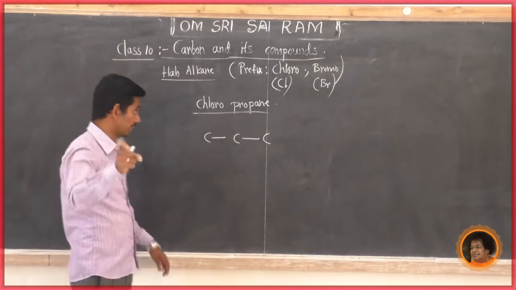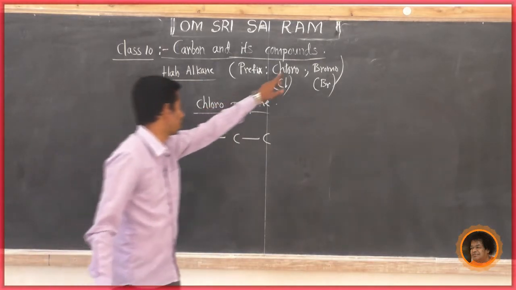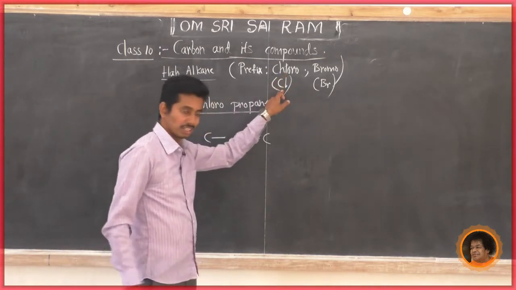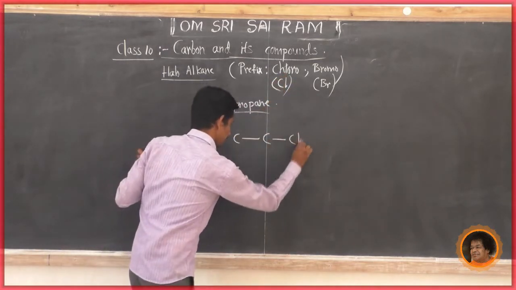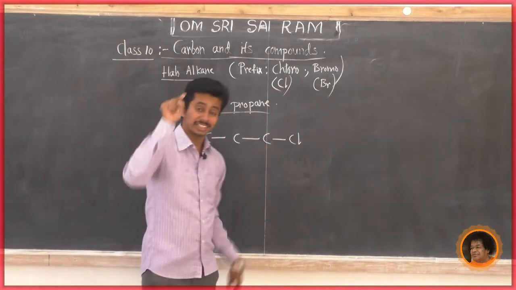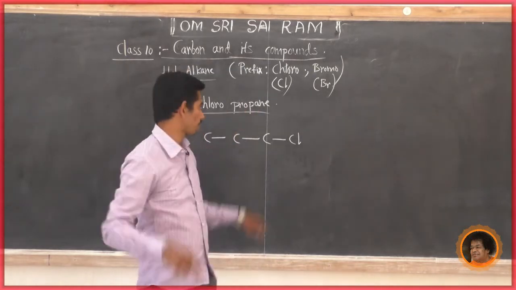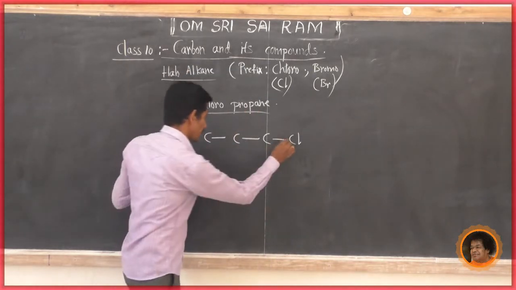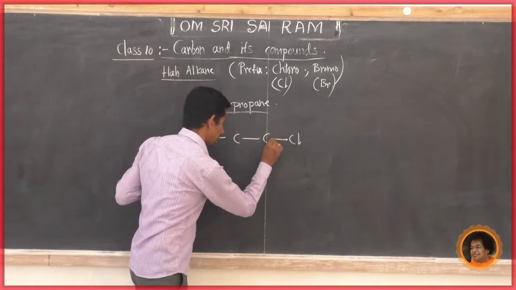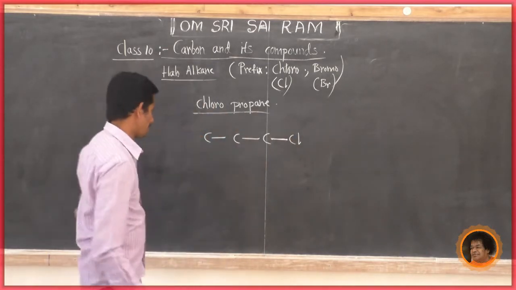After that, write the functional group of chloro, which is Cl. Why only one single bond for Cl? Because in chlorine's outermost shell there is 1 electron needed, so chlorine shares an electron with the carbon. So there is a single bond between this carbon and chlorine.